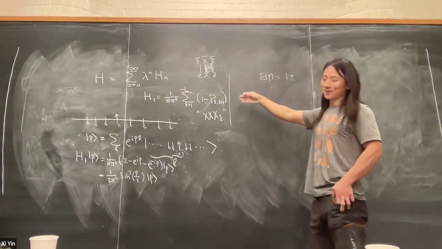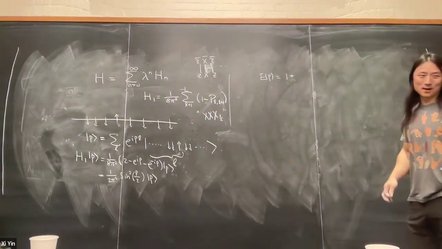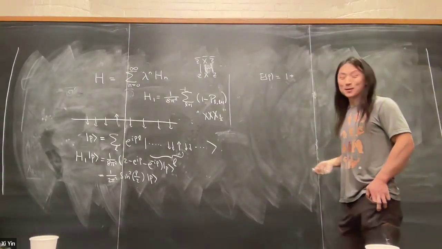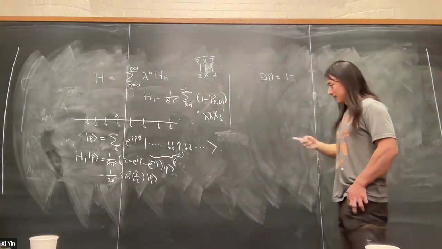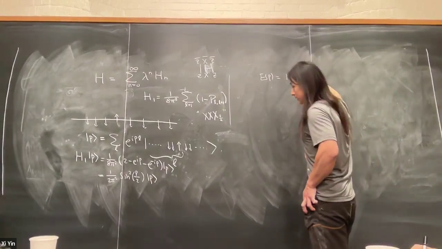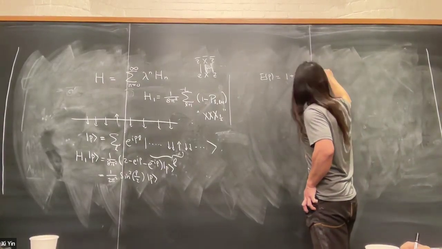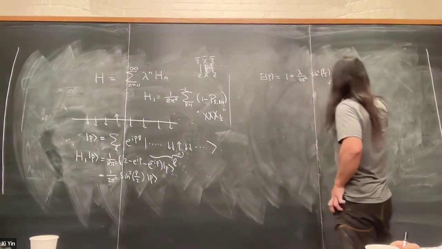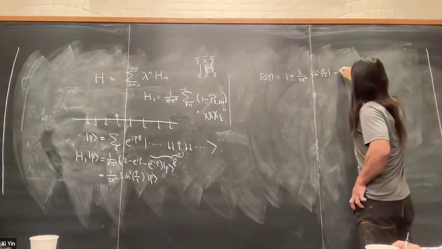At this point it's kind of trivial whether you want to include the one or not, a matter of convention, but it turns out there's good reason to include the one, as we'll see later. You say that here it's 1 plus lambda over 2 pi squared sine squared P over 2, plus order lambda squared.